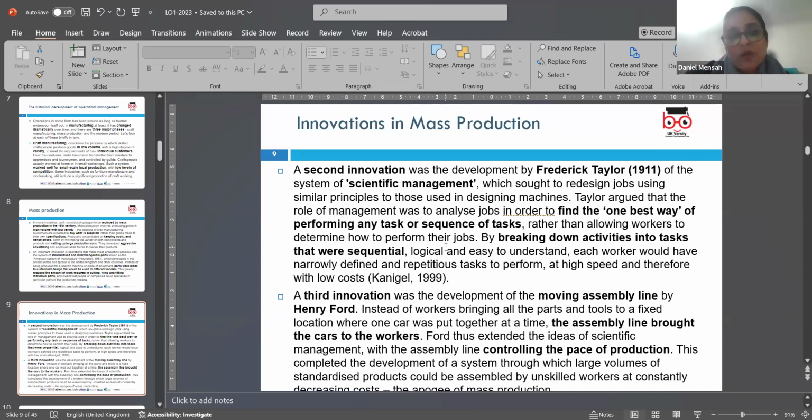It improved the productivity of the worker. They were using less time and doing more work. When they divided the work into a sequence, each worker was assigned one specific part of the task, and that person was doing that task over and over again, which helped to improve their speed over time.